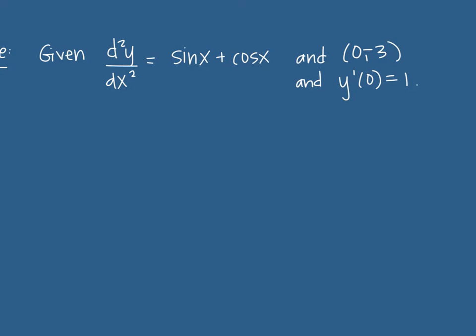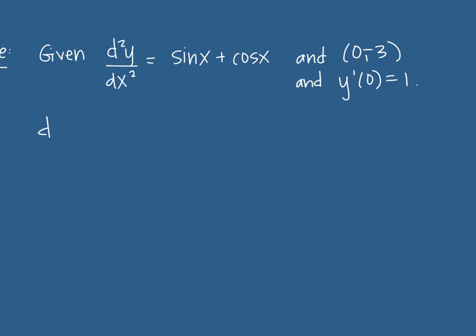You are given the second derivative, which means in order to get to y, you're going to have to separate and integrate twice. Okay? So that's fine. We can separate and integrate 2 times.